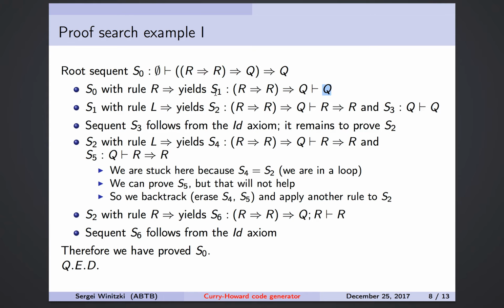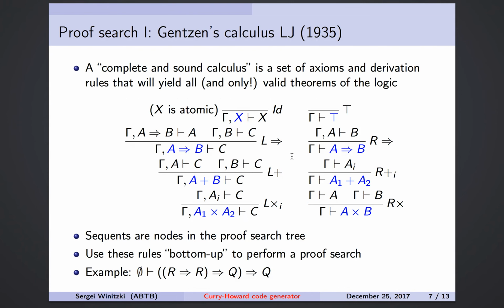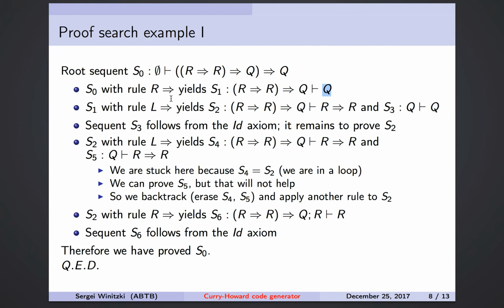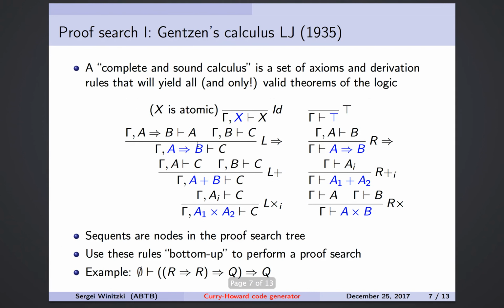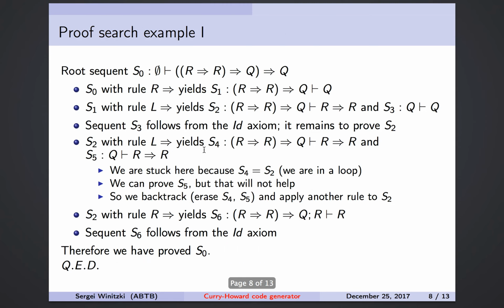So now we need to prove S1. So how do we prove S1? We try to see what rule applies to it. So what rule has this thing at the bottom? Well, obviously, it's rule L, left implication. Now, the rule left implication applies when you have one of the premises of the form of the implication, right? This. So what I emphasized in blue, A to B, is actually this.